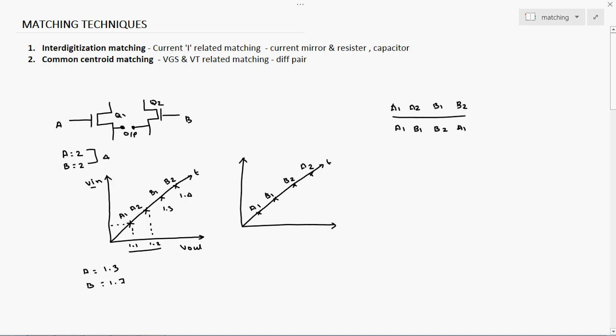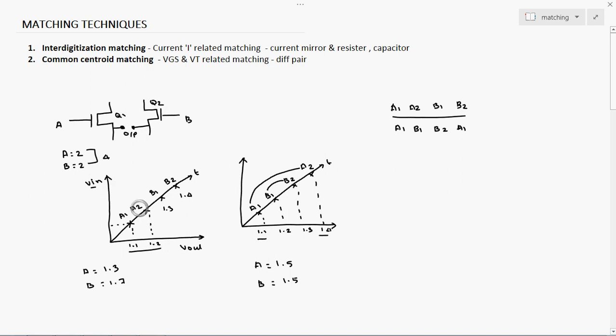The first transistor turns on at 1.1 millisecond, the next at 1.2, then 1.3, and then 1.4. The average time of A, 1.1 plus 1.4, is equal to 1.5, and the average time of B is also 1.5, since 1.2 plus 1.3 is equal to 1.5.